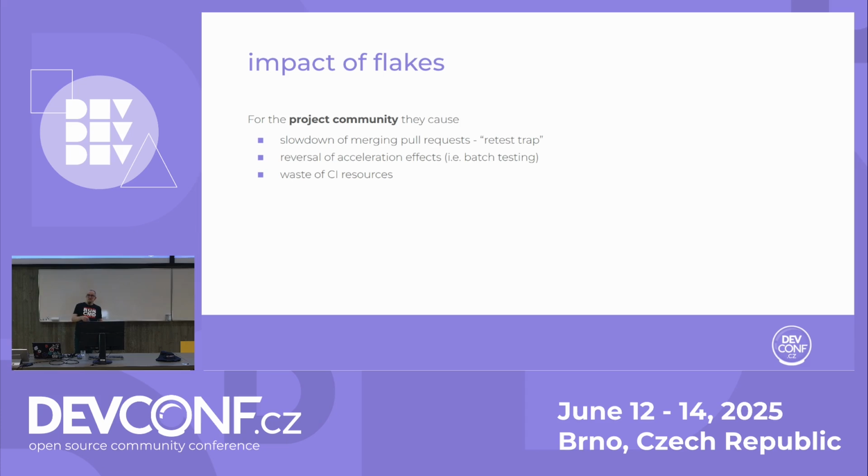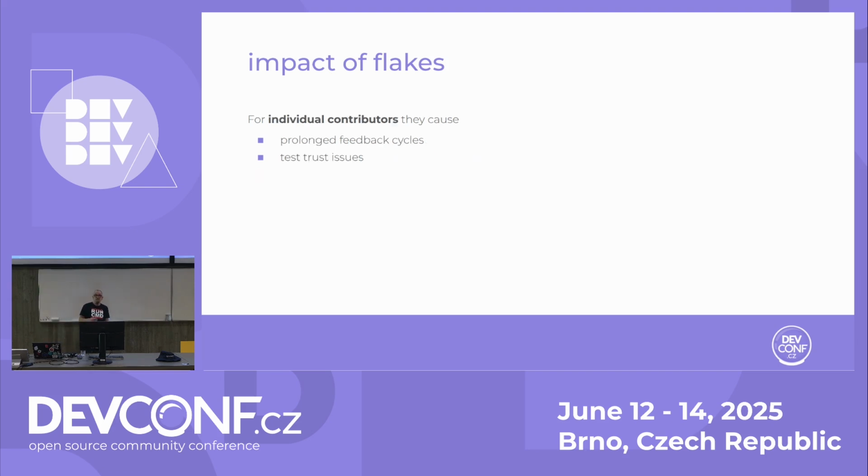Which basically means that other PRs might get delayed, and you have longer waiting times until your PR will merge. Also, the sad thing is that Prow does a smart thing: it merges together a couple of PRs and tests them all together. If there is a flake, that effort is wasted. And basically, all of it is a waste of CI resources.